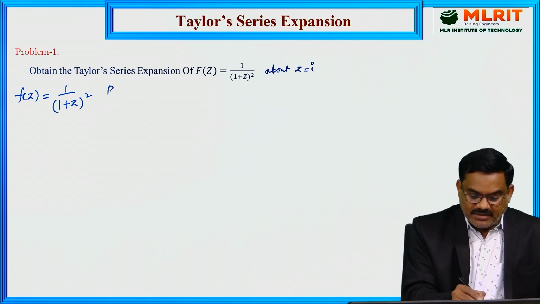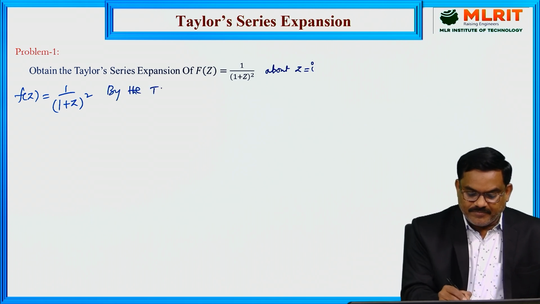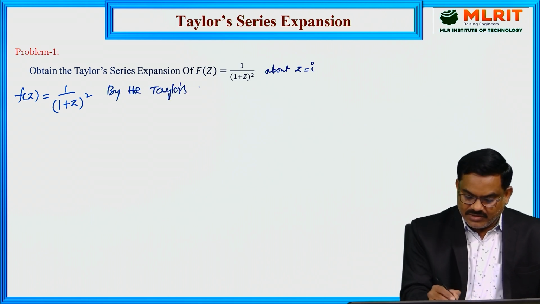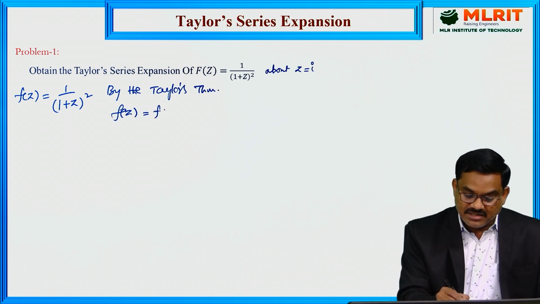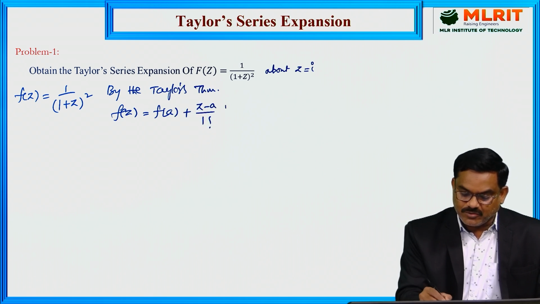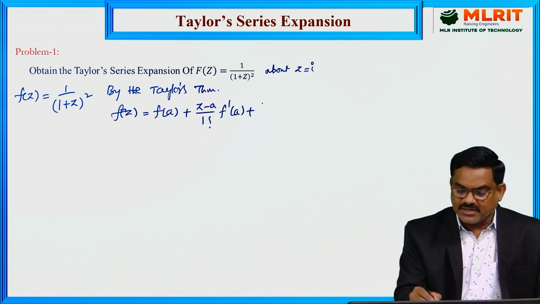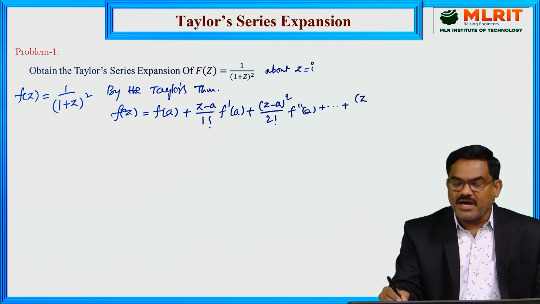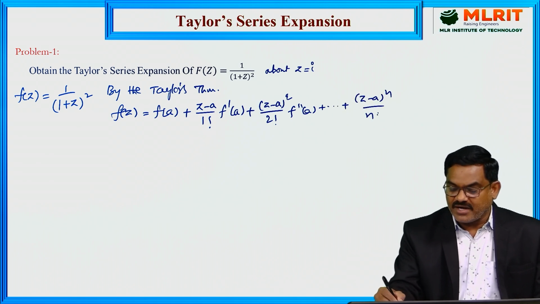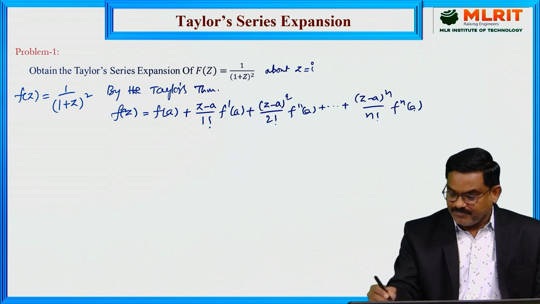Now by Taylor's theorem, this f of z can be obtained as a Taylor series expansion as f of a plus z minus a by 1 factorial f dash a plus z minus a whole square by 2 factorial f double dash a plus so on, plus z minus a power n by n factorial f power n of a plus so on.